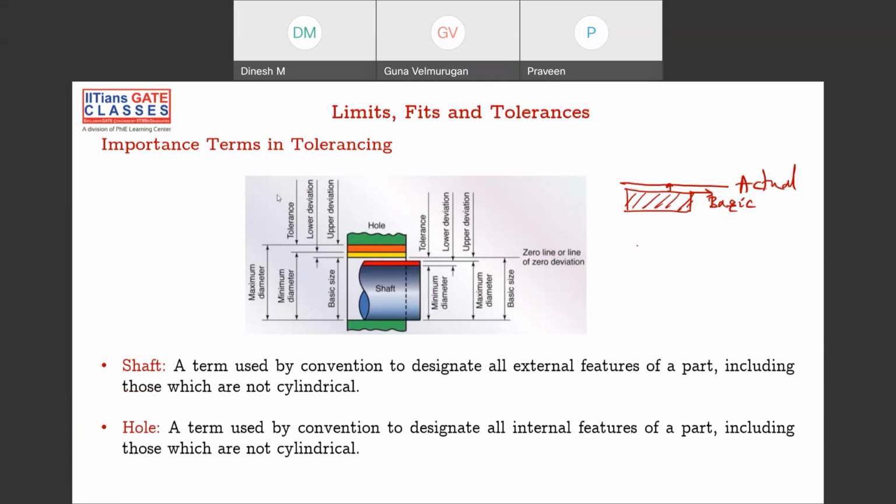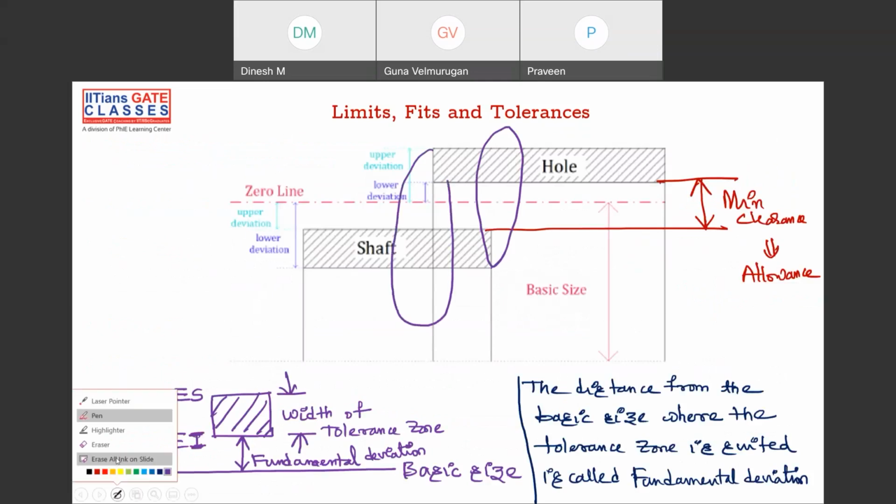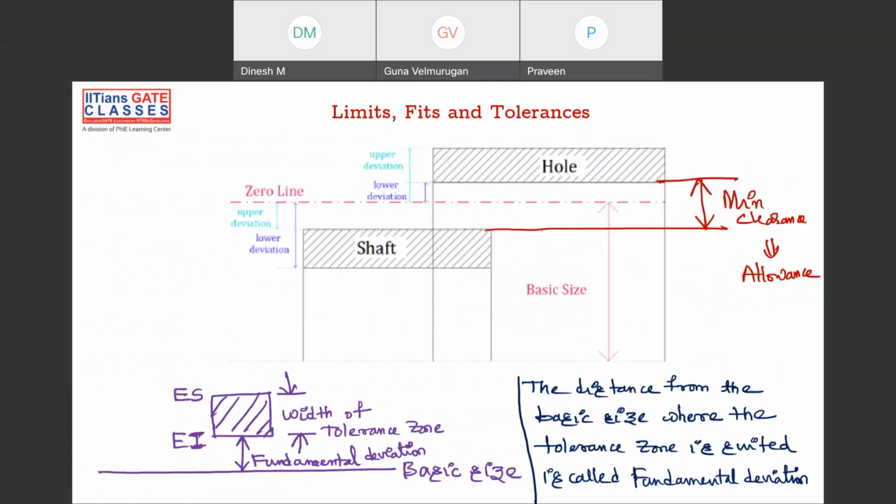Not here, I mean, not in this diagram. Sorry, the diagram that I told here. This is shaft and this is hole. Let me draw it clearly before making a mistake. This is shaft and this is hole, right?